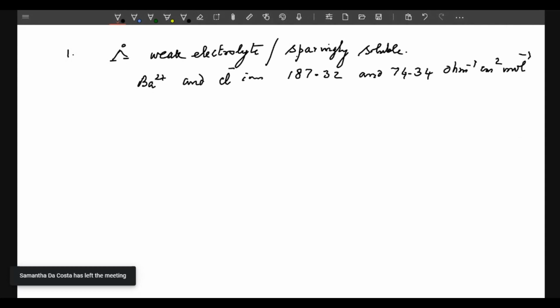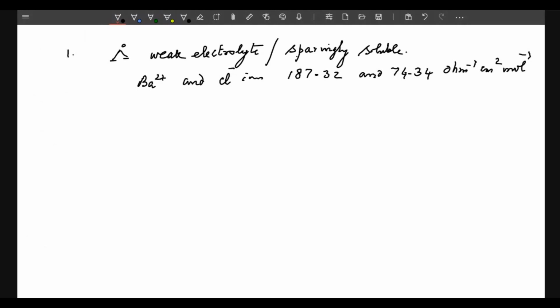Calculate the molar and equivalent conductance of barium chloride at infinite dilution.